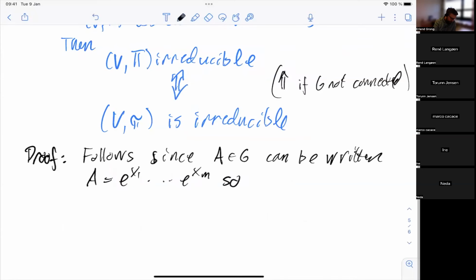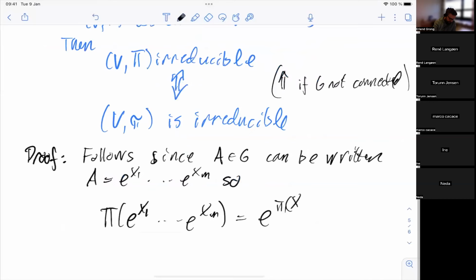So A is a product of e to the x1 through e to the xm, and the large pi of that is e to the small pi of x1 through e to the small pi of xm. And so here is then the answer to the one-to-one correspondence, as we saw earlier, because once I know the small pi, that determines what the large pi does on all of the elements.